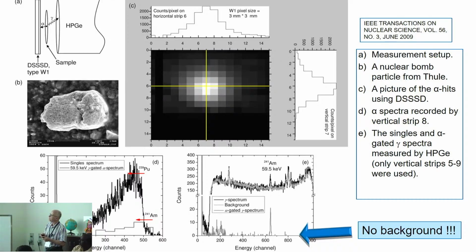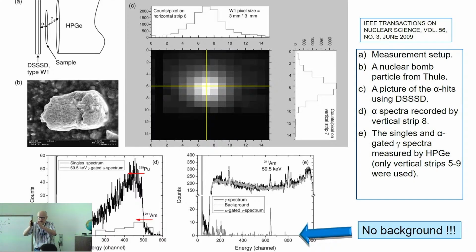Now, figure D is this one, yeah. I have to read it. It's a singles spectrum, meaning raw alpha spectrum. And the red one, or this one, is the 59 kilo-electron volt americium peak gated alpha spectrum.